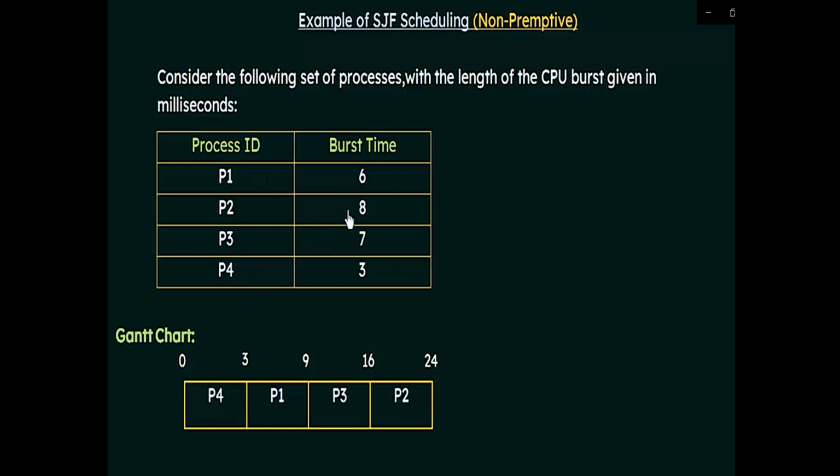P1 executes from the third unit of time to the 9th unit of time. After completion of P1, we again find the lowest burst time. Among P2 and P3, 7 is lesser, so the CPU is allotted to P3.